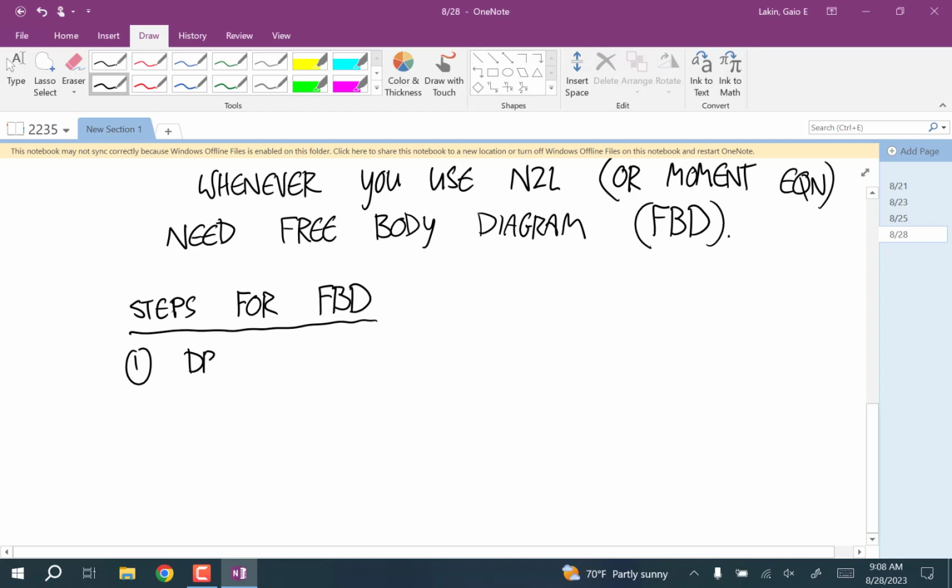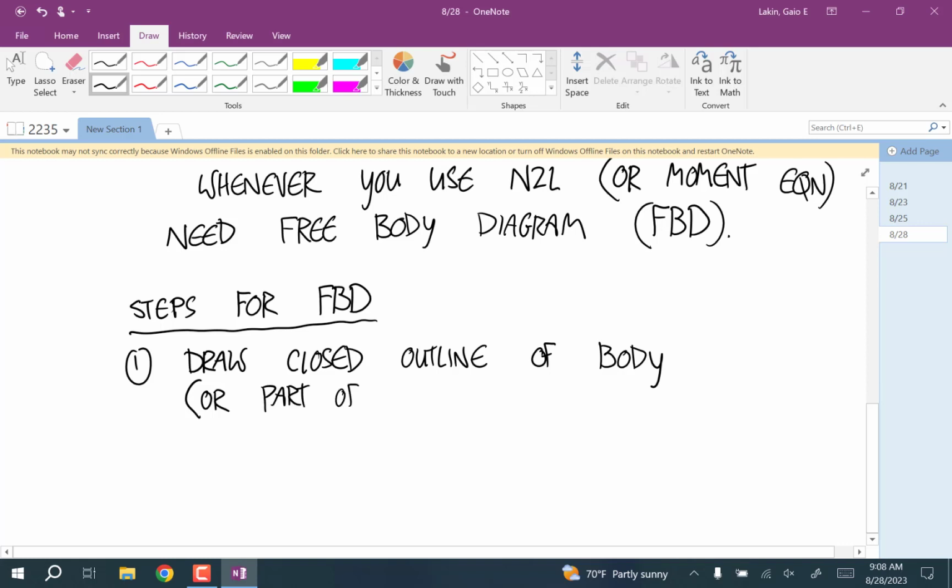First, draw a closed outline of the body. And this drawing, let me add this little thing in parentheses, or the part of the body or the collection of bodies that you're isolating.